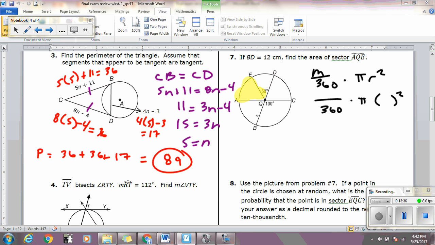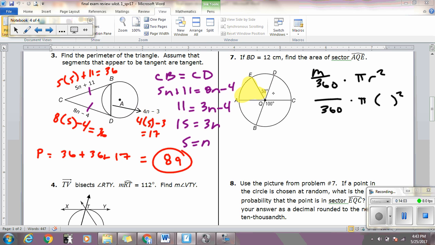So to find the measure of this angle and arc, because they're going to be the same, you know that BD is a diameter. So it cuts the circle into half. A whole circle is 360 degrees. So that means each half has to be 180. So down here, this angle BQC is 100.